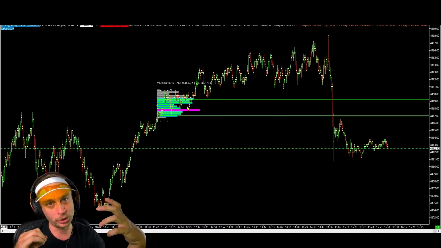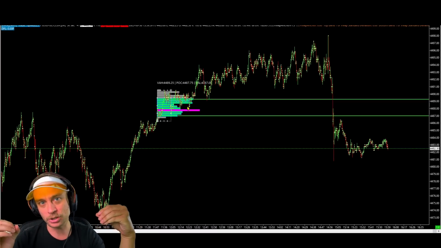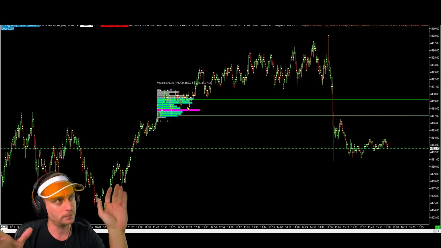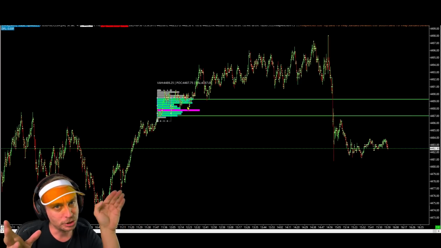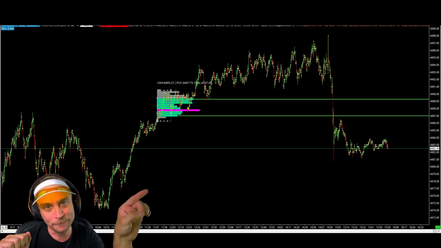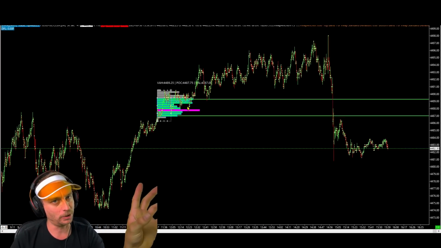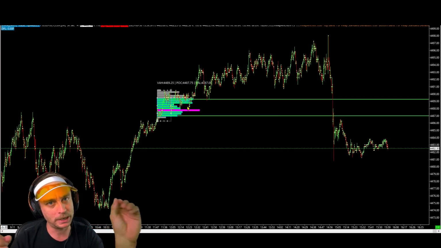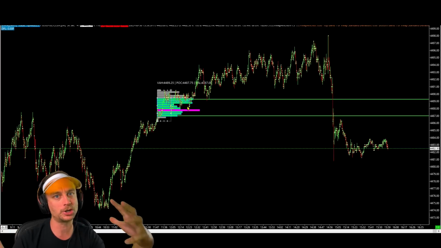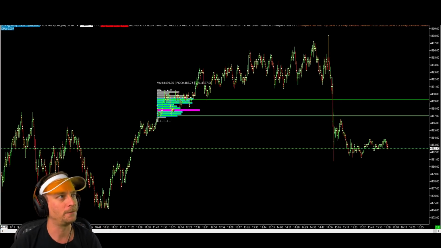So therefore, you could have higher or lower nodes, and those dojis are creating drastically different volumes. So therefore, the structure of the volume profile, even though the bars look similar, will be different. And that difference gives us information. Volume profile is like structure, and I'll be explaining what structure is here in a minute and why it's so important. Now let's watch the volume profile as I drag it out.